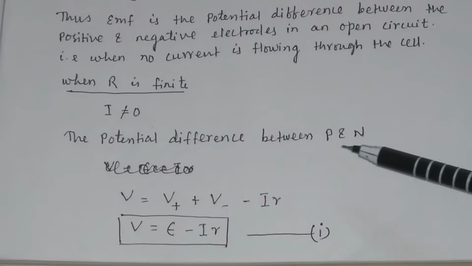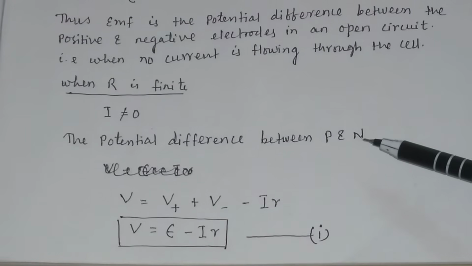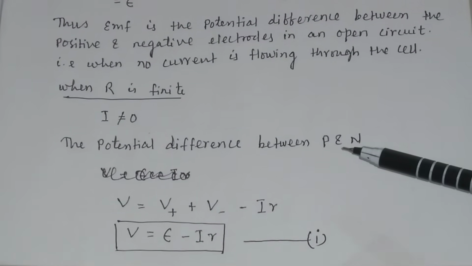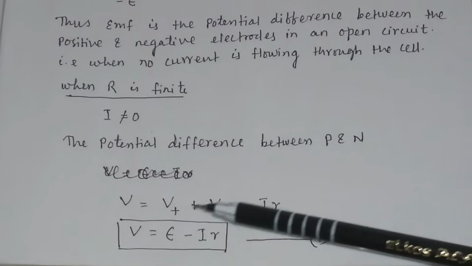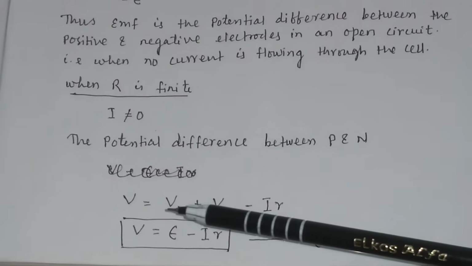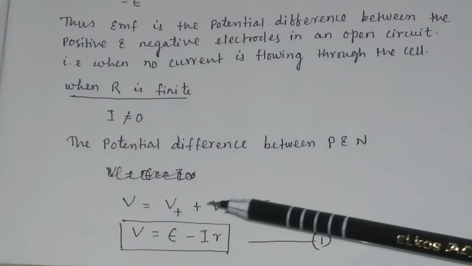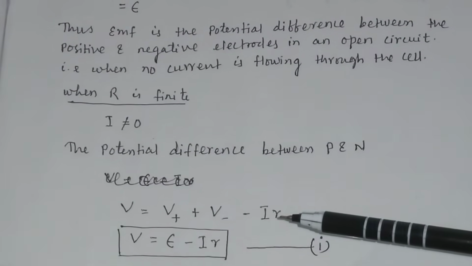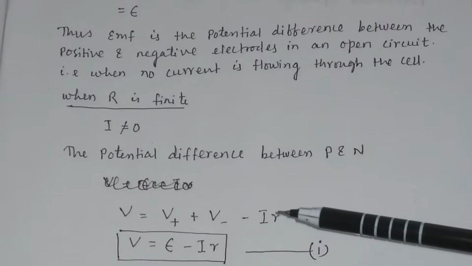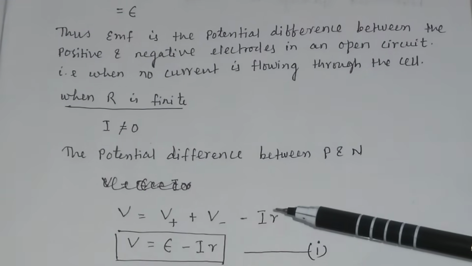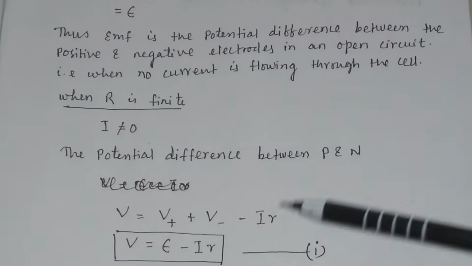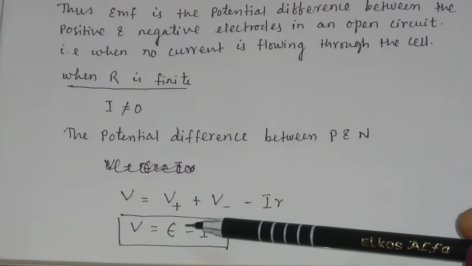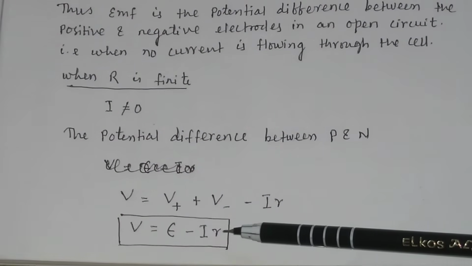So what will be the potential difference between P and N? The potential difference between P and N due to the external resistance R is equal to V, and that will also be equal to epsilon minus Ir, where Ir is the potential difference inside the electrolytic cell. So V will be equal to EMF minus Ir.